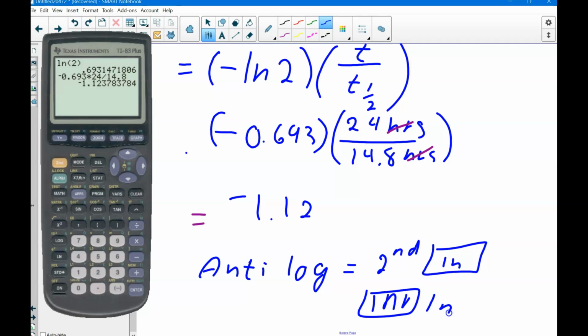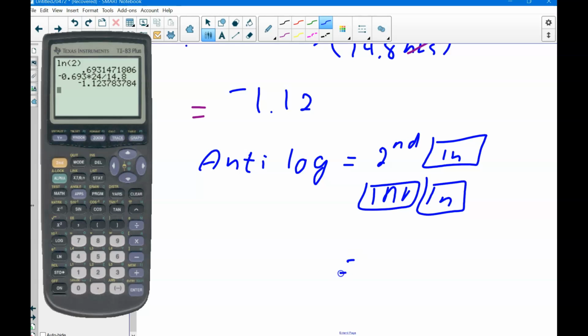Inverse ln, and sometimes in calculators it just simply shows up as e to the x. So it looks like this in my calculator, some like this, or some simply e to the x. So when I do that, then I end up with the number that looks like this, it's going to look like antilog, or in other words, inverse log.